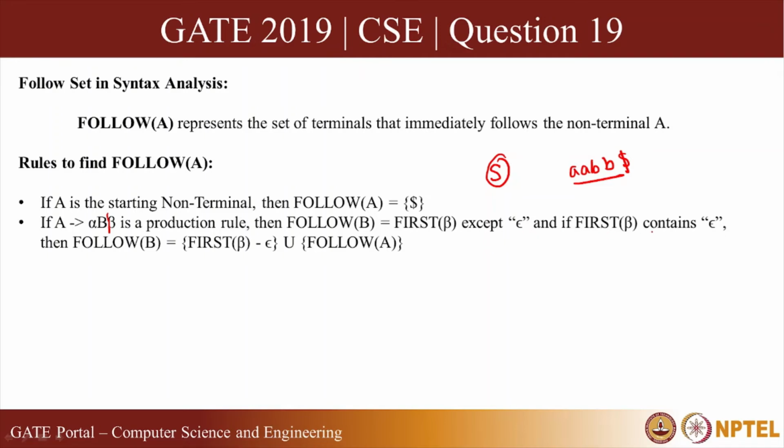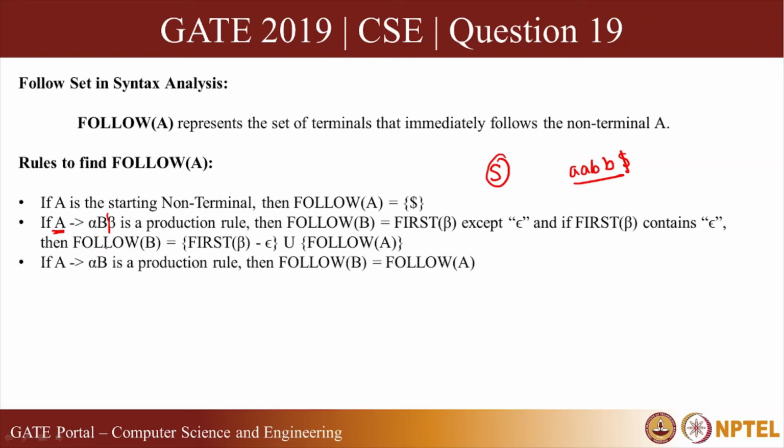If first of beta contains null, then we will discard null and we'll also look for follow of A, the terminals that are generated after A. Because suppose this beta is giving null, this means whatever terminals follow A will come after B itself, right? So that thing we'll consider.